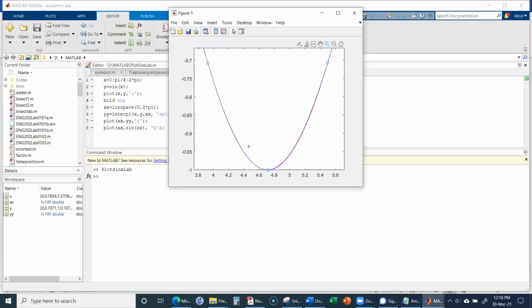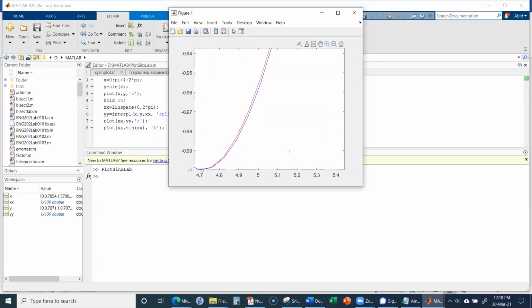I can zoom in further on this portion. Yeah, now I can see that the red and blue lines are quite close to each other. If I zoom in further, then I can see the difference. So at a very high zoom level, these two lines are different from each other, but for all practical purposes, they are quite close.